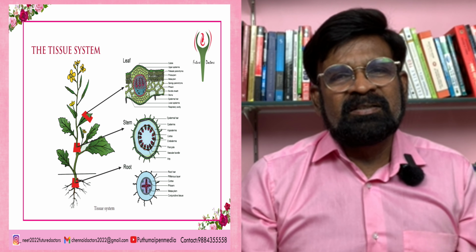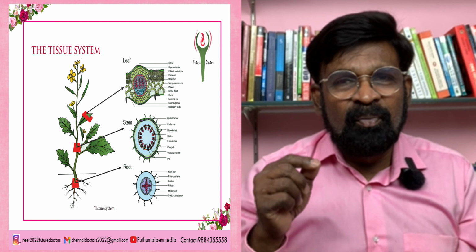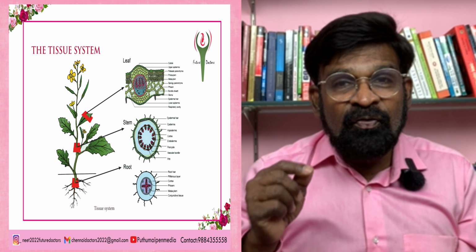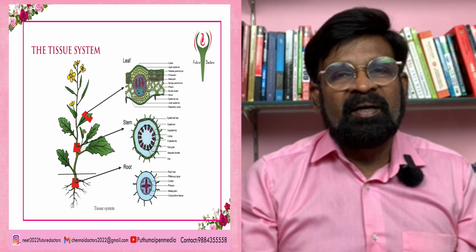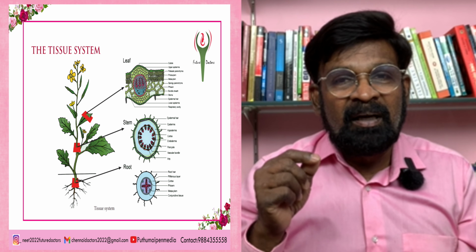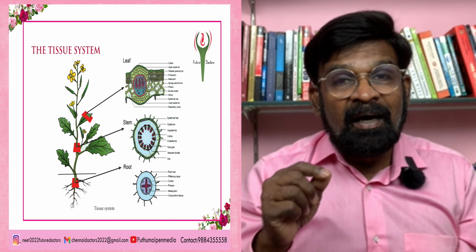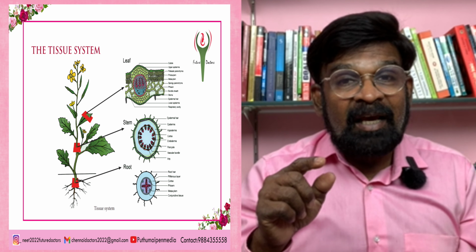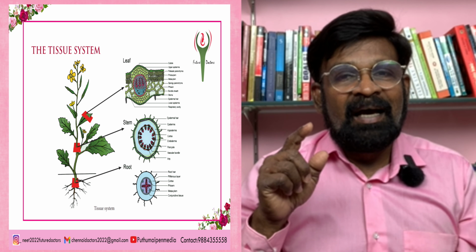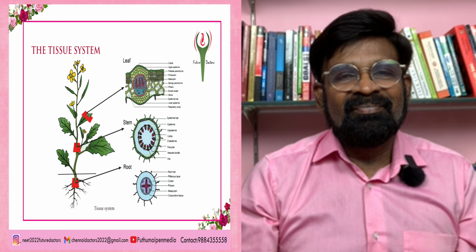Epidermal appendages. The epidermis of most plants often bears outgrowths known as epidermal appendages or epidermal outgrowths. They are of two types. Trichomes. The epidermal hairs present on the stem are called trichomes.